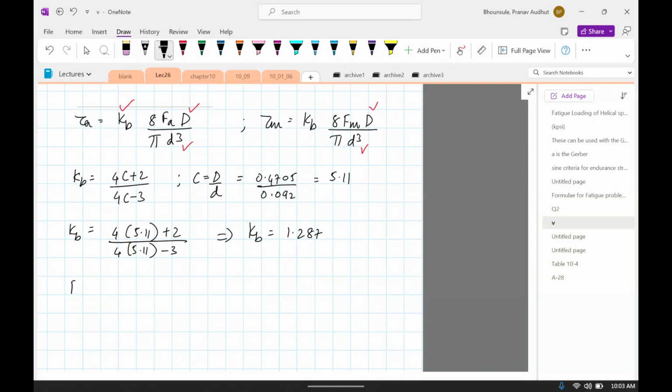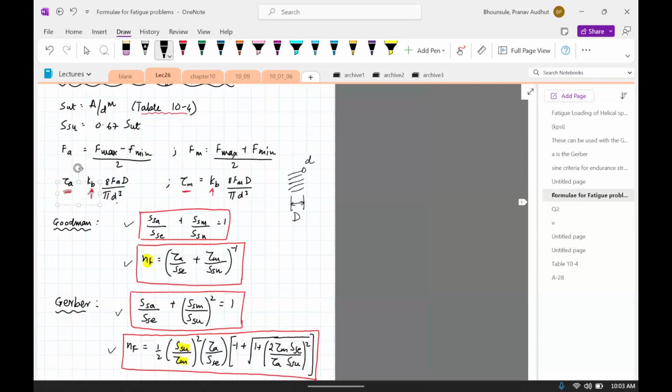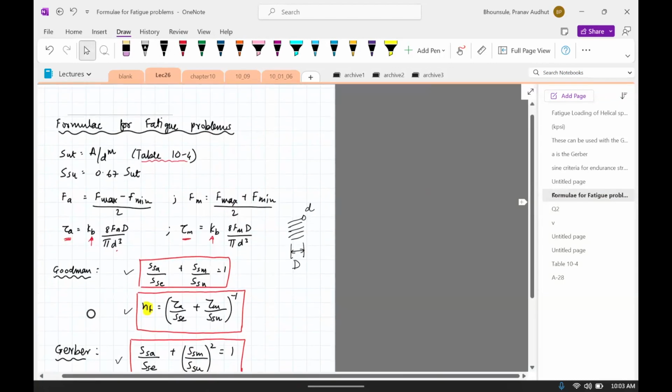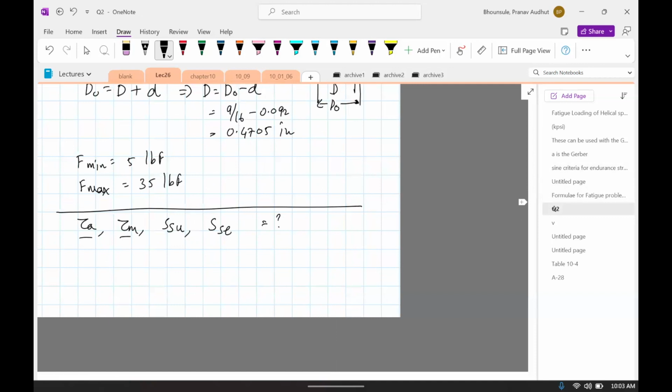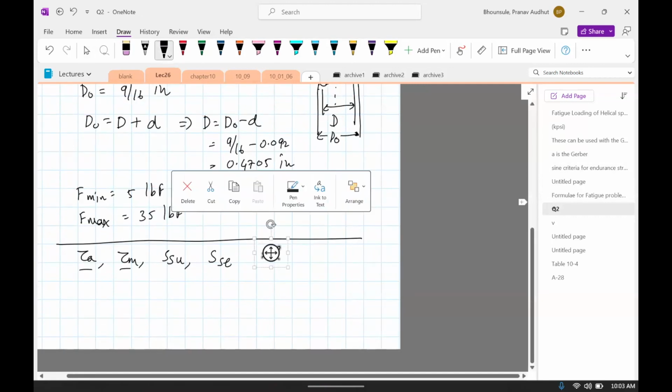Okay, FA, if you go back, is basically the amplitude. So it's F max minus F min divided by 2. And I believe we know what F max and F min is. F min is 5, F max is 35.